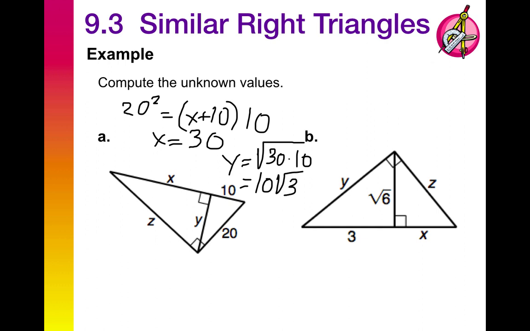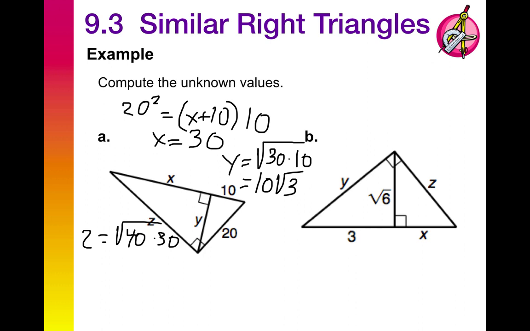And z works out to be very similar to that, except that it's going to be this whole length here times this length here, which is 30. So z is going to be equal to the square root of x plus 10, which is 40, times just the x part, which is 30. And then I'll let you work that out. That's the square root of 1200, and that's what z is.